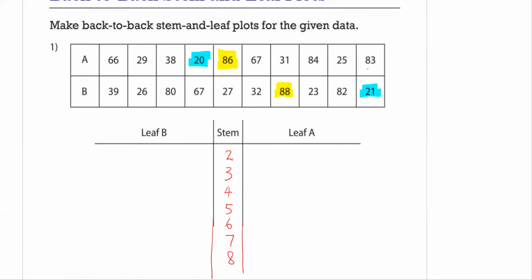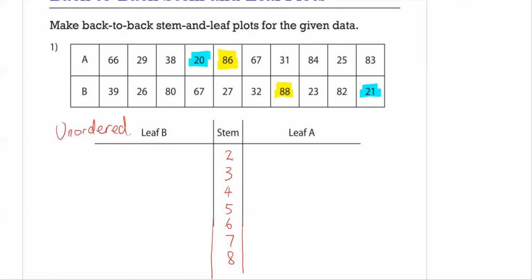Okay. Now what I'm going to do is starting with set A and filling in the leaf section. So doing this one by one, the first graph I'm going to be doing will be an unordered stem and leaf graph. This means that we're not worried about sorting the values from the smallest to the biggest. We will do that in the next graph.